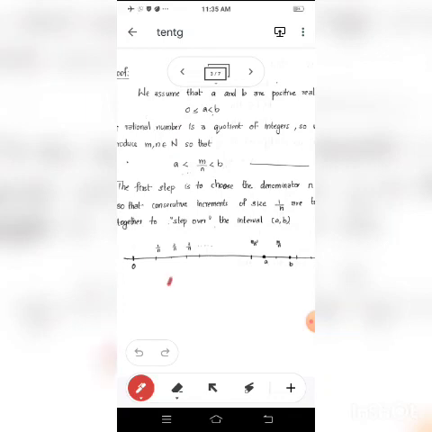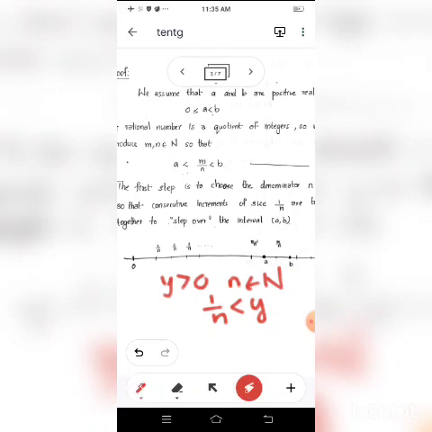If y greater than 0, then we can find an n belonging to the natural numbers such that 1 by n will be less than this y. So Archimedes property states that whenever y greater than 0, we can find a natural number n with the property that 1 by n less than y.